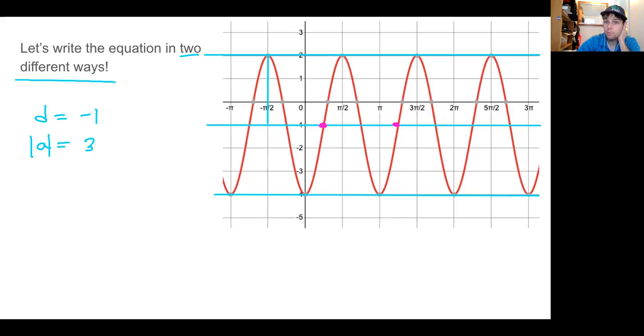I think the better way is to undo what I just did. Instead of looking at this as a sine curve, let's look at it as a cosine curve, because I think those points are going to be a little better for us. Cosine, by standard, goes from maximum to maximum.